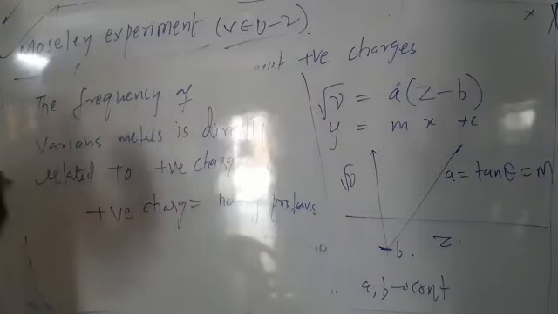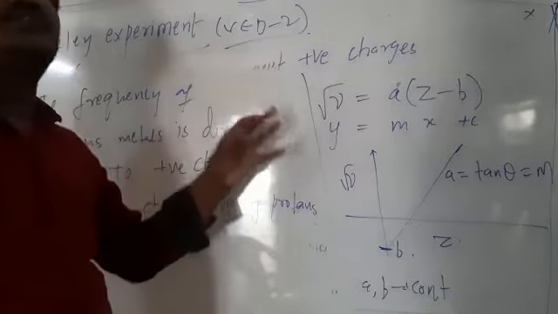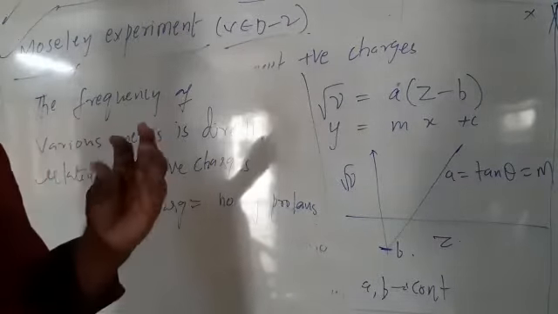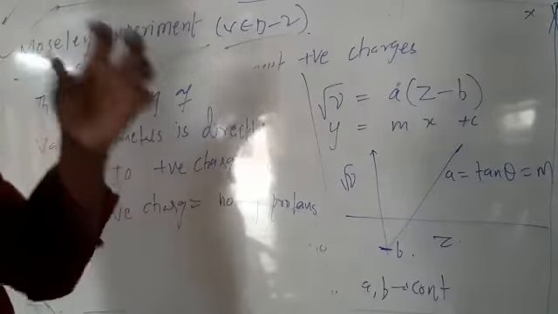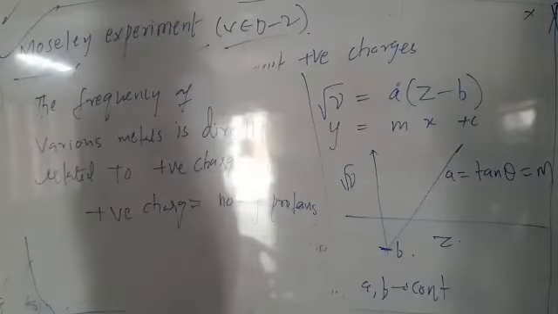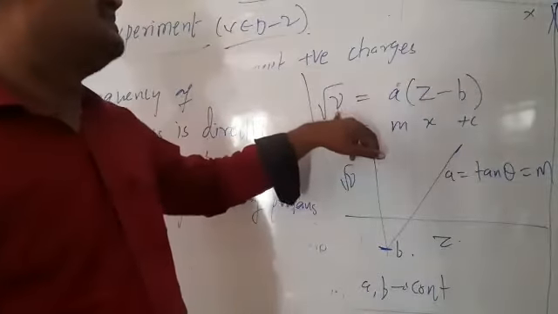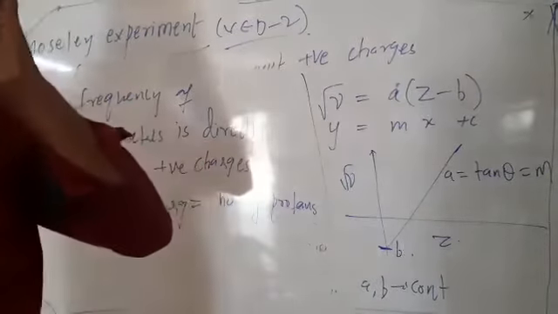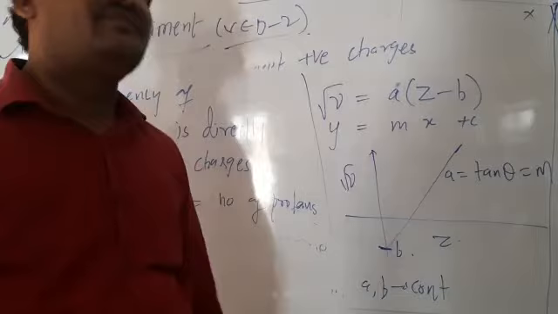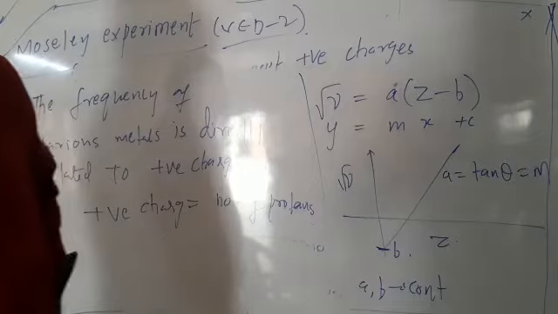So he irradiated the metals with cathode rays, and from the metal targets the radiation energy is emitted. That radiation has characteristic frequencies in the X-ray region. He gave the formula which relates the atomic number to the frequencies of radiation: under root nu, where nu is the frequency of characteristic X-rays of the various metals.